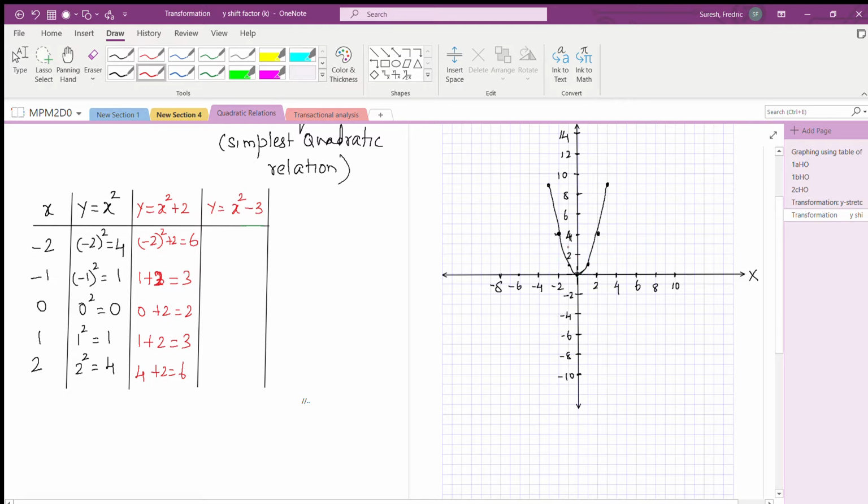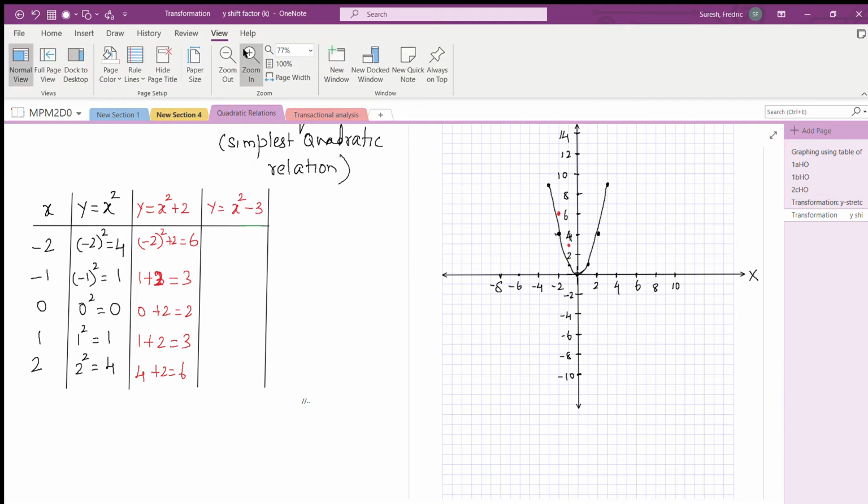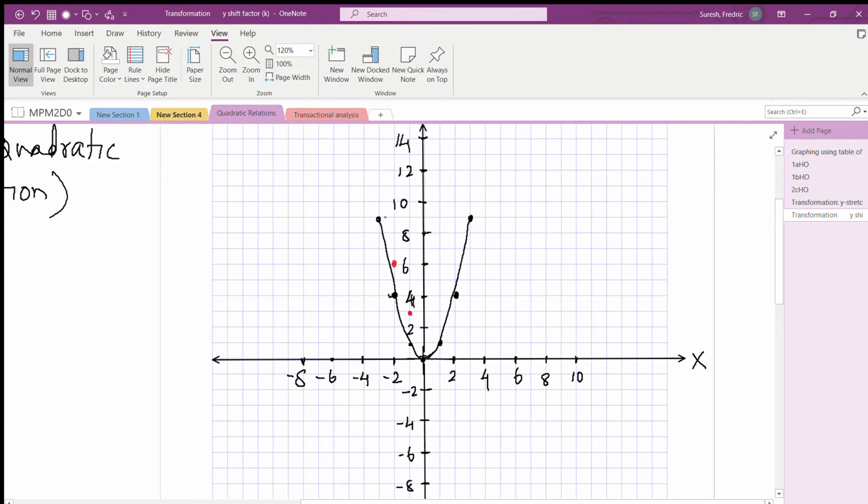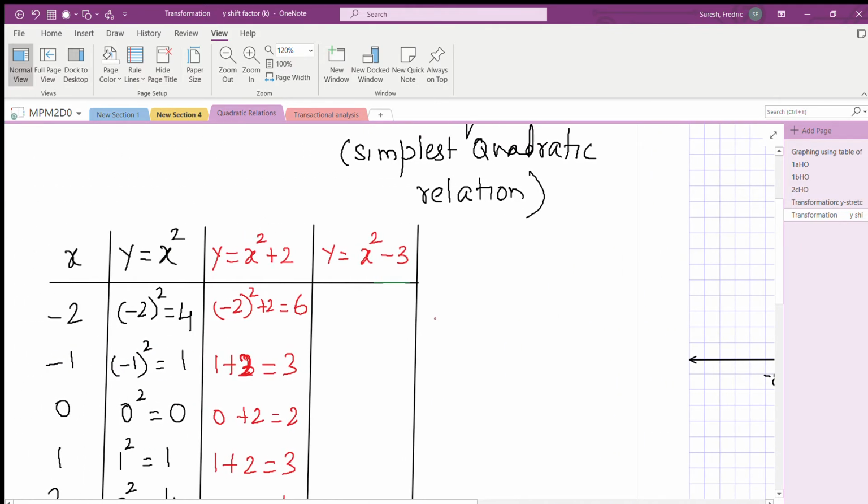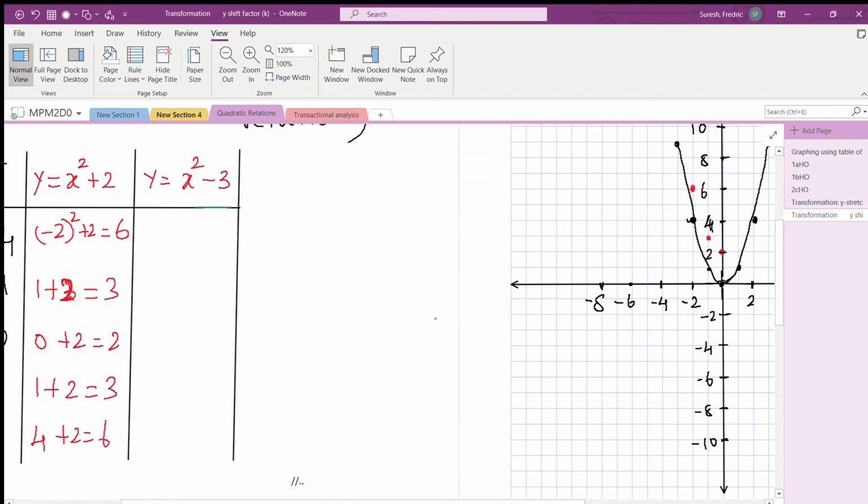So -2 now becomes 6. The -1 value, the y value was 1, now it has become 3. So it is right there. Let me blow this up a little bit so the graphing looks nice. The 0, 0 has been moved up by 2 units, like that. And the 1, 1 we had before now has become 1, 3.